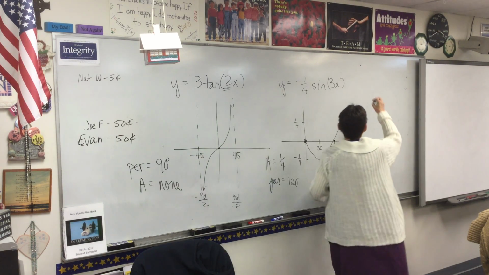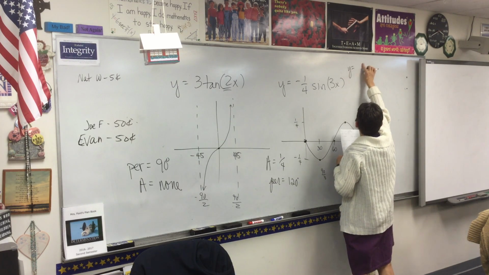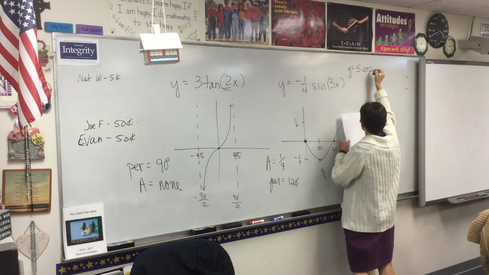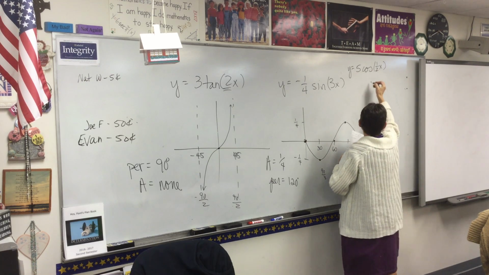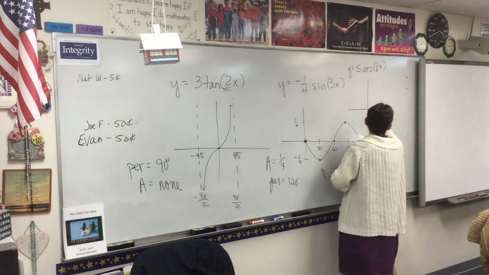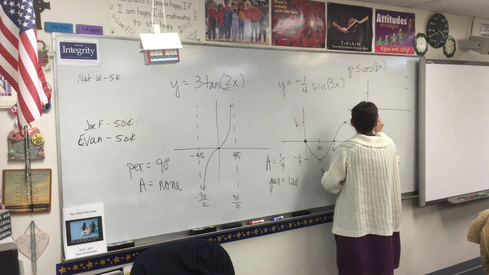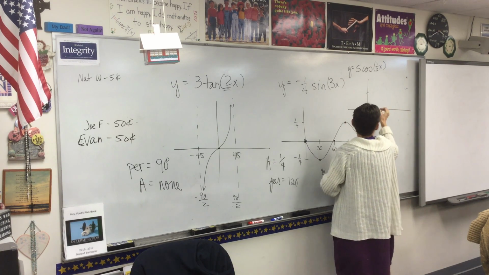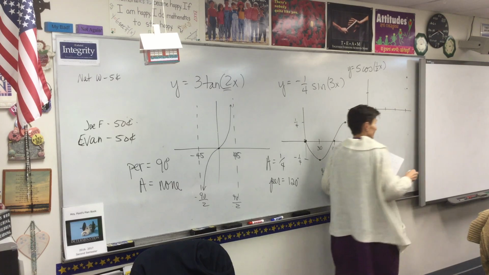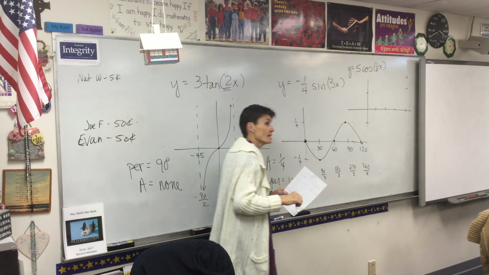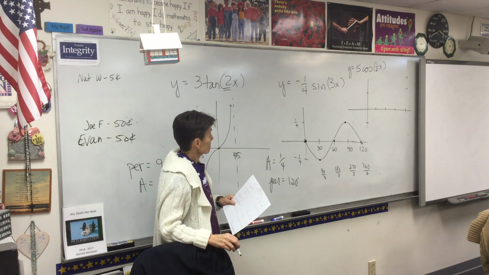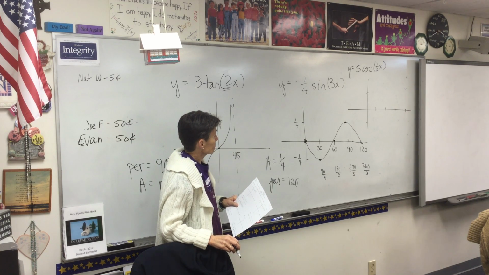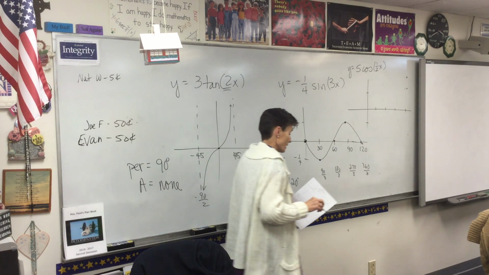Now we got a cosine. So with cosine, we got hash, hash, 1, 2, 3, 4 again. Same setup as a sine. Now this is a cosine.